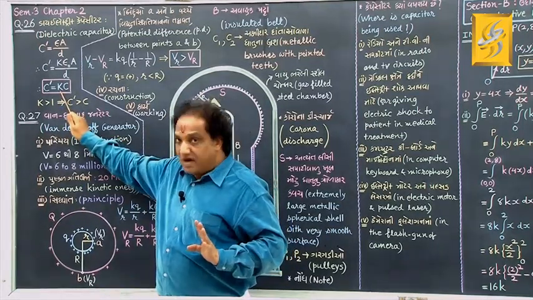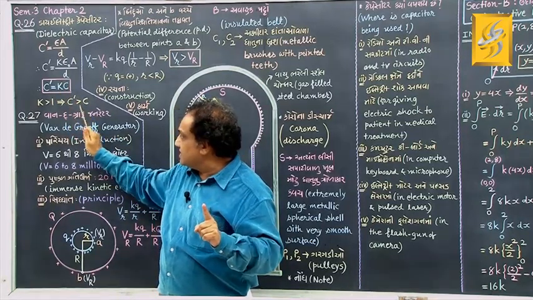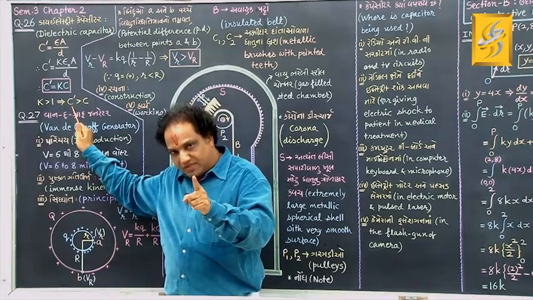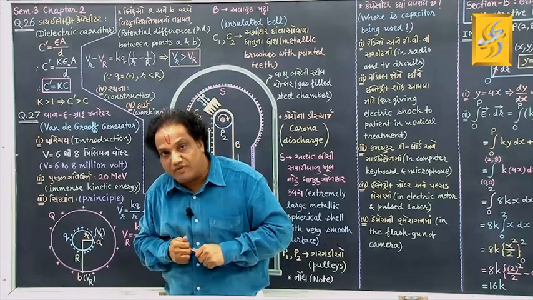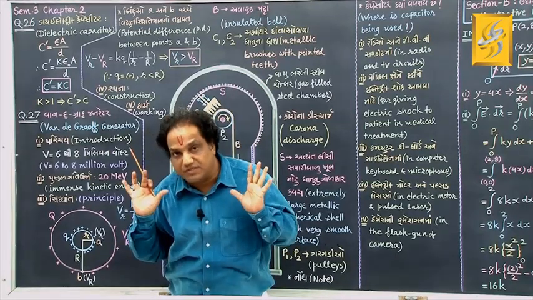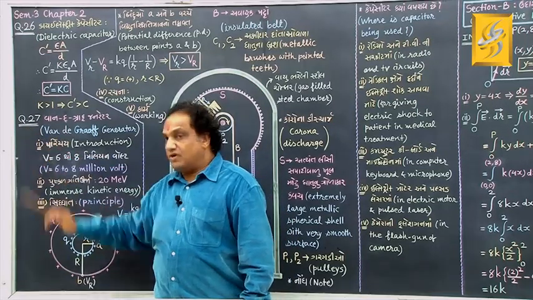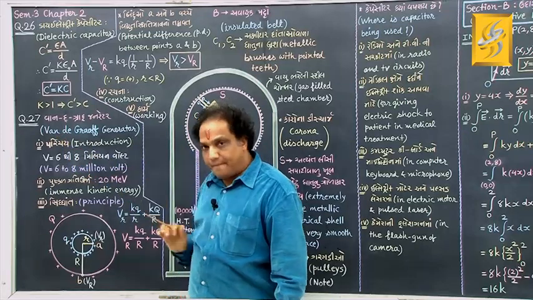If K is greater than 1, then naturally C dash will be greater than C. So the capacitance of the dielectric capacitor is greater than the capacitance of the parallel plate air or vacuum capacitor with the same dimensions, okay?